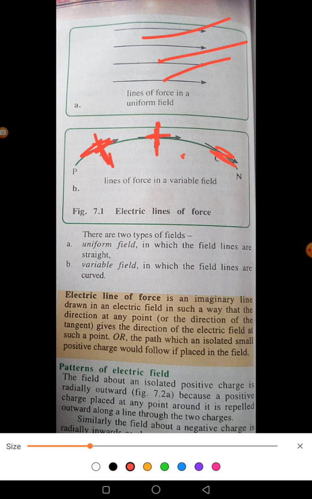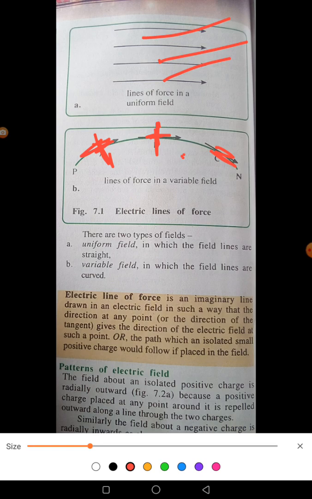So an electric field also has lines of force, and in most cases the lines of force are something we cannot see. That's why they say they are imaginary lines drawn in an electric field in such a way that the direction at any point, or the direction of the tangent, gives the direction of the electric field at such point.